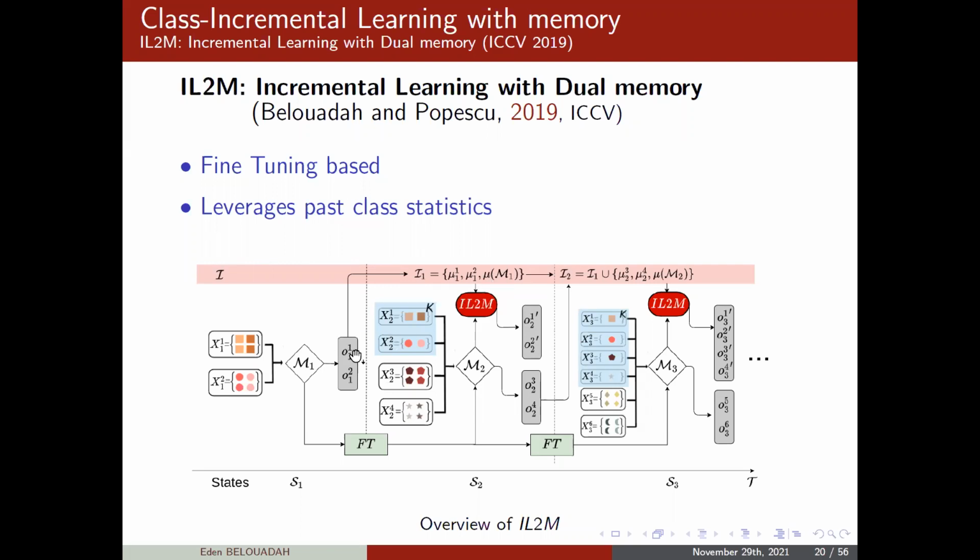So what are these statistics? Once we learn a class with all its data, we save the mean prediction score on images of this class, and also the confidence of the model in the state. The confidence of the model, we compute it as the mean top one prediction score averaged over all the training data of the new classes in the state.